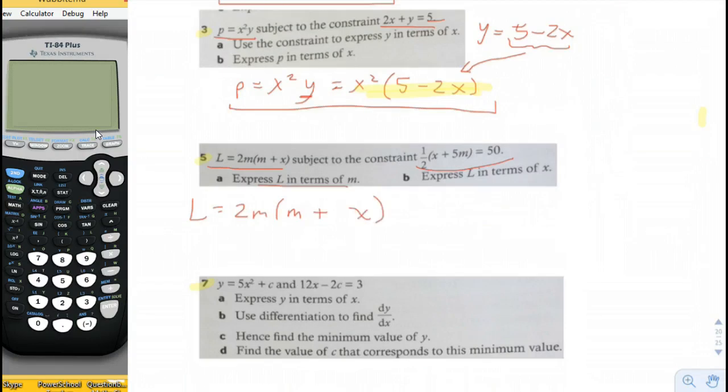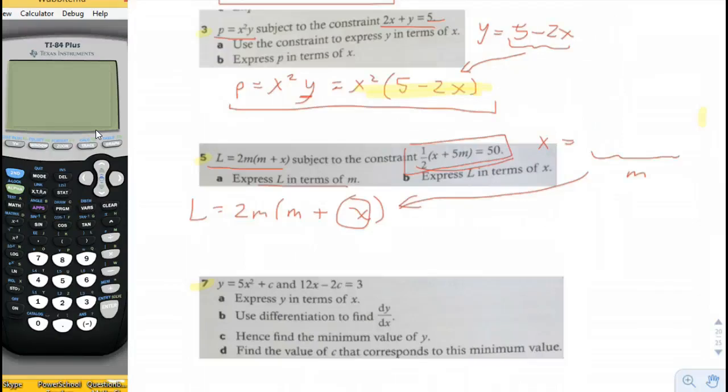We have an x here. We need to get rid of the x, so we need to substitute something in for x. Here we have a relationship between x and m. So if we wrote x equals something, something, something, m, then we could substitute that in and we'll solve our problem.